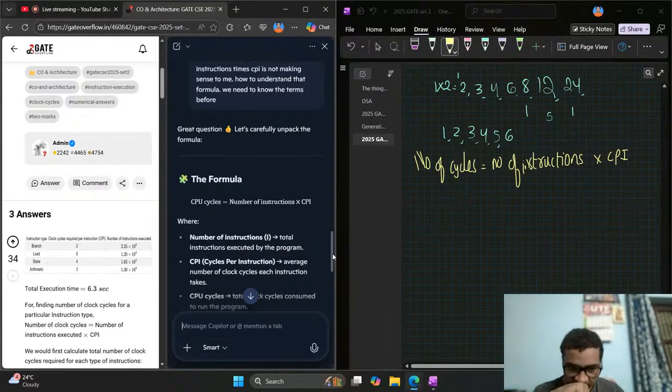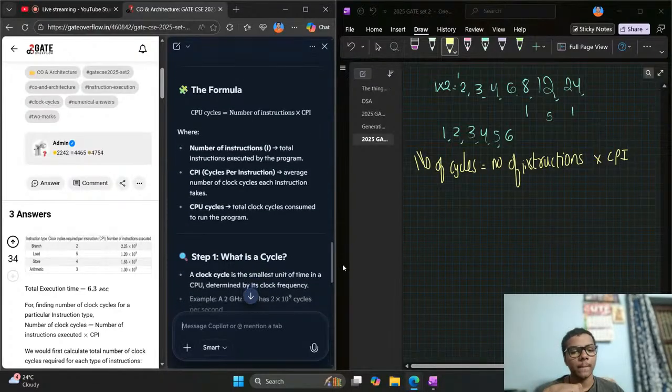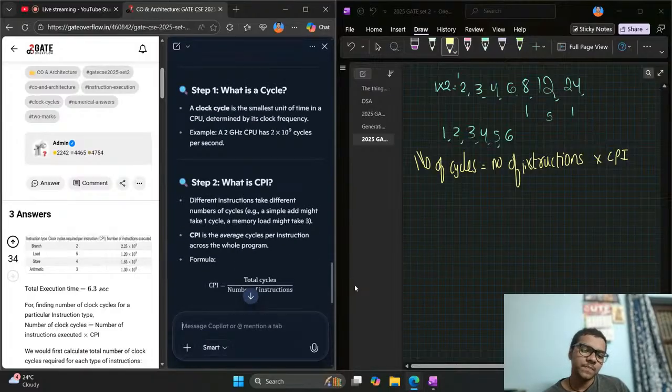Cycles per instruction, average number of clock cycles each instruction takes. Total clock cycle. A clock cycle is the smallest unit of time in a CPU determined by its clock frequency. A 2 GHz CPU has it. Okay. I take one cycle of memory. Here's the average cycles per instruction.